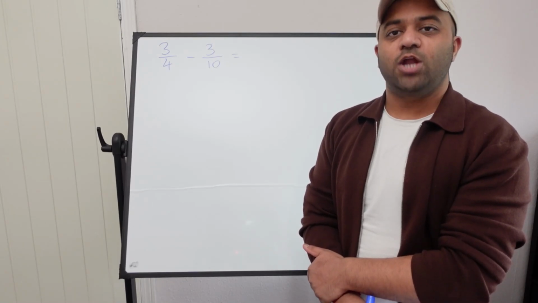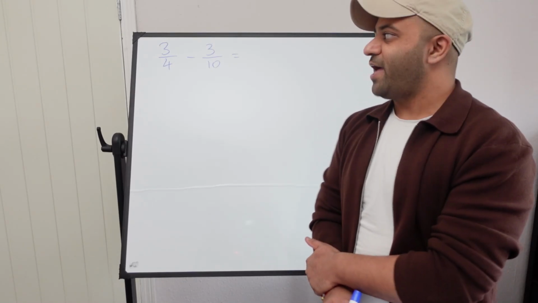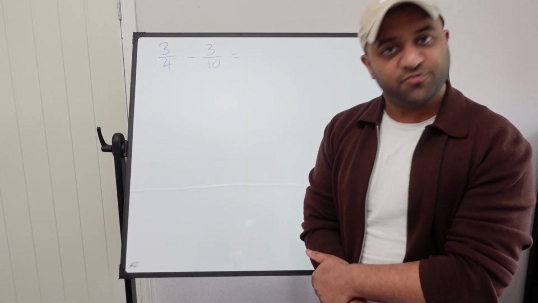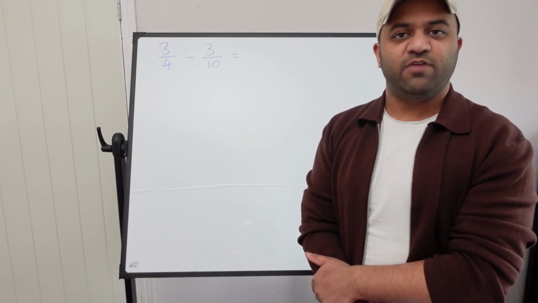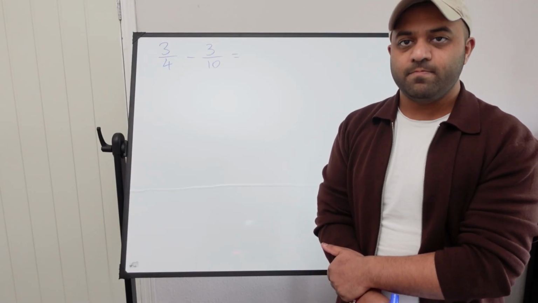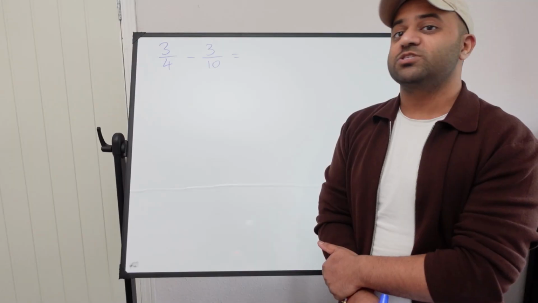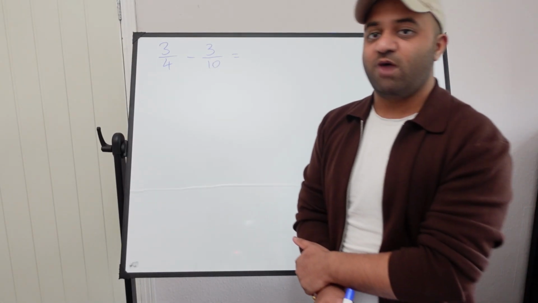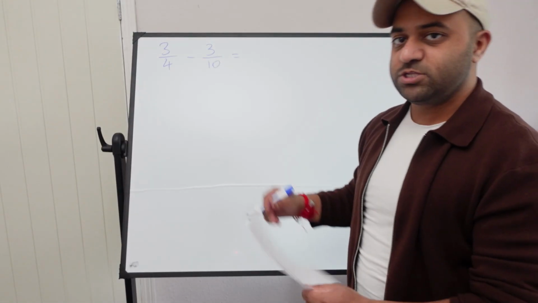So we need a lowest common denominator, the LCM of 4 and 10. Now you might say it's 40, as many of you might like to multiply the numbers together, but remember the LCM is actually smaller because they share a common factor. 4 and 10 actually have 20 rather than 40 as the lowest common multiple.